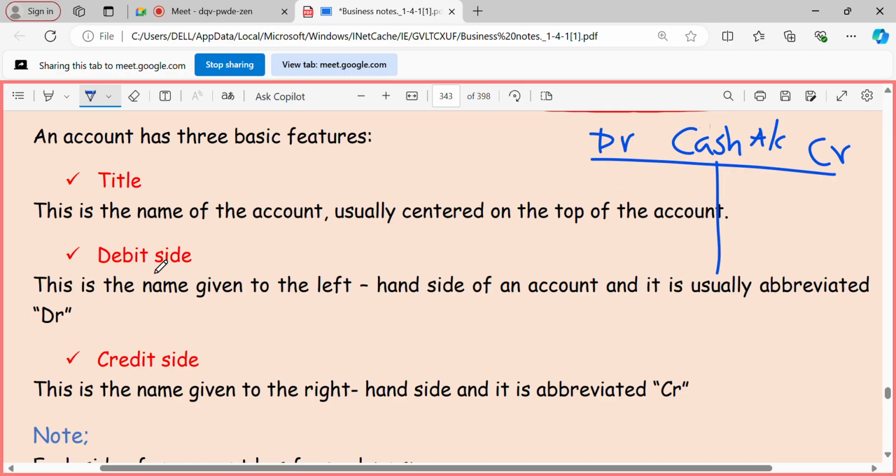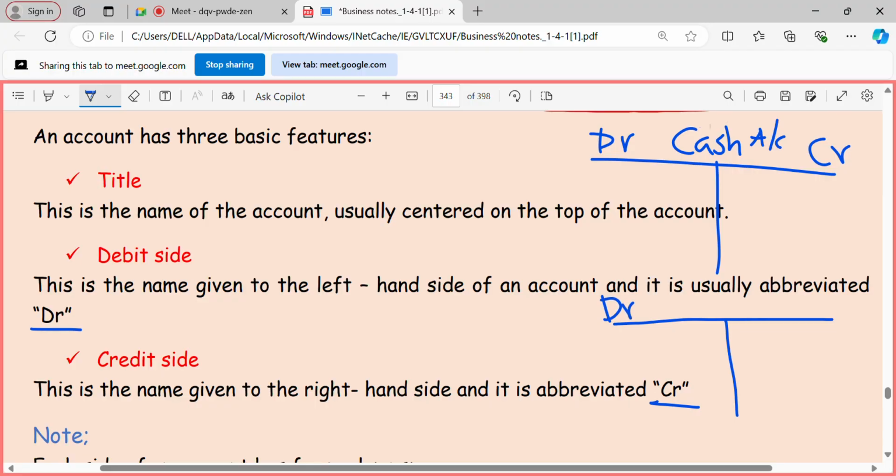As also seen in my notes here, the debit side is the name given to the left hand side of the account, and it is usually abbreviated as the DR. Then the credit side is the name given to the right hand side, and it is abbreviated as the CR.